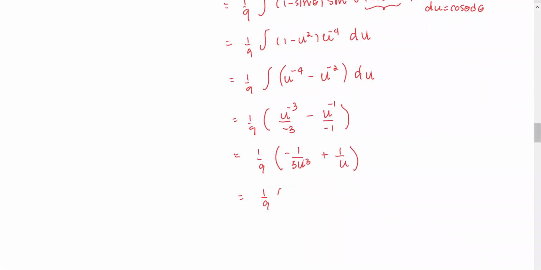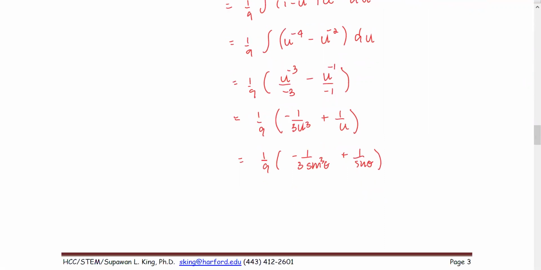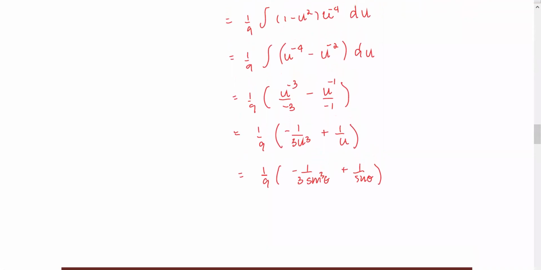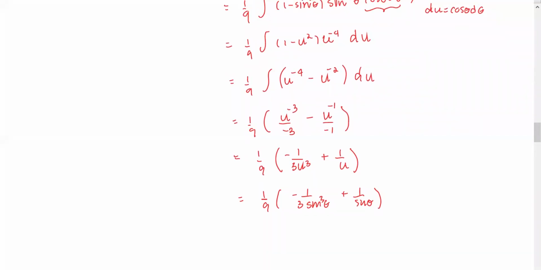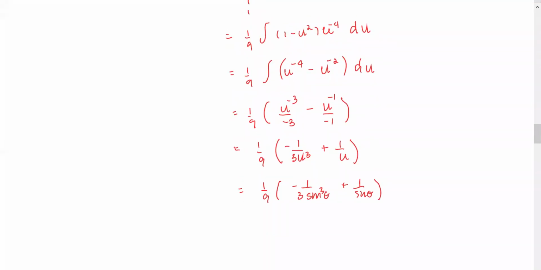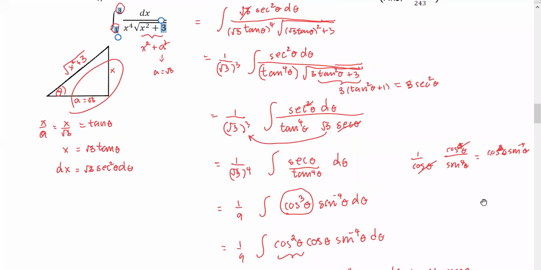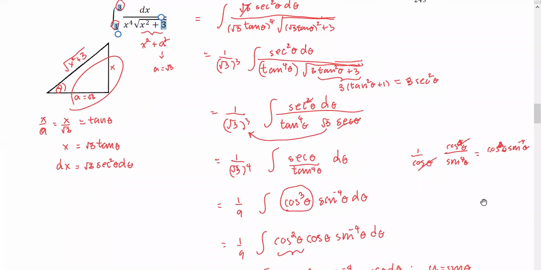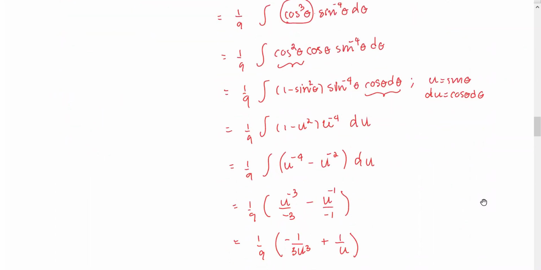We have 1 over 9 times negative 1 over 3 sine to the third theta plus 1 over sine theta. And our sine theta, from the right triangle diagram, the sine is x over the square root of x squared plus 3.